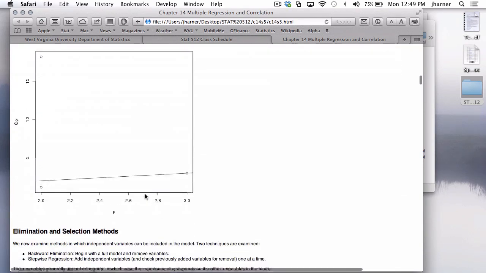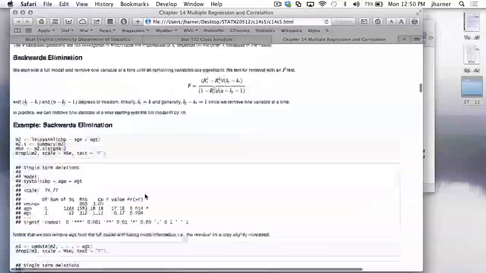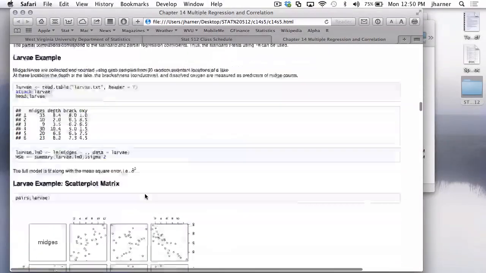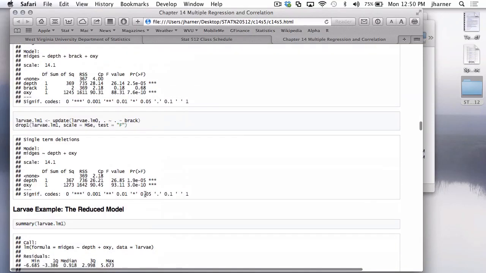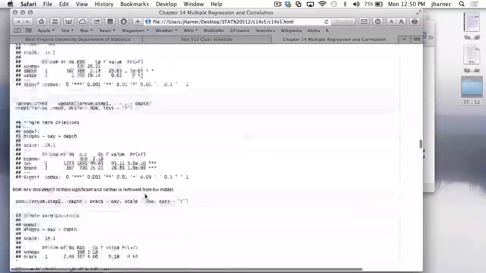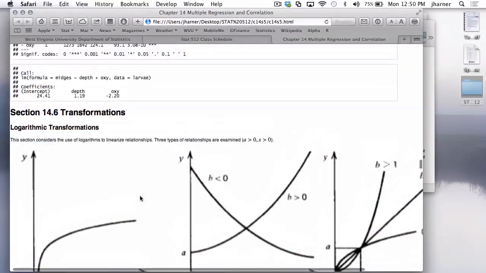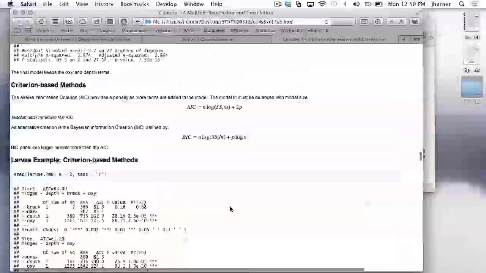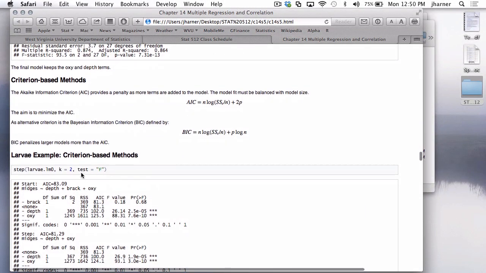And then we had the elimination and selection methods, backwards elimination, stepwise. And then we also had, again, you should go through all of this, of course, criterion-based methods, which were the AIC and the BIC, which in R are quite easy to do.